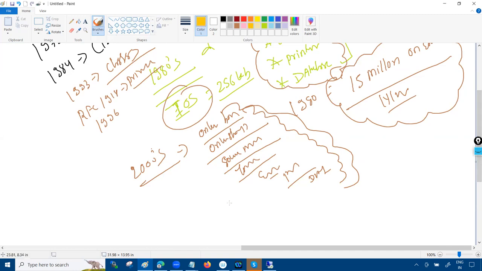Then they came with iOS XE, a higher upgradation. Again, I'm only talking from a Cisco perspective, guys. Different vendors have different things. In 2004, they came with the concept called iOS XE to support these services. But again, iOS XE has its own limitation. If I go into more depth, it can only provide memory protection.